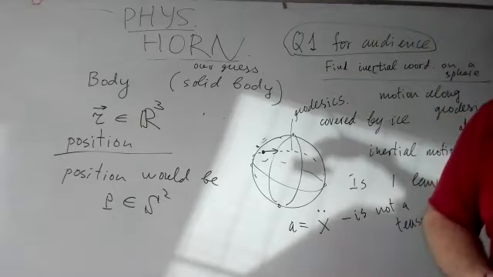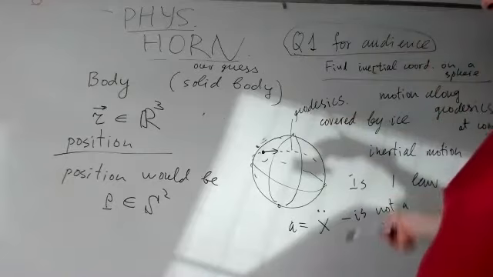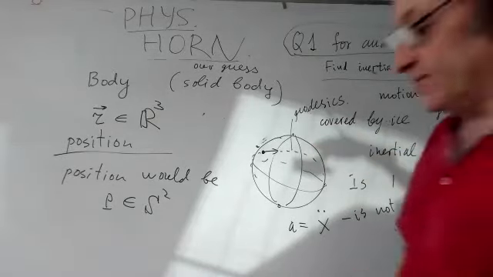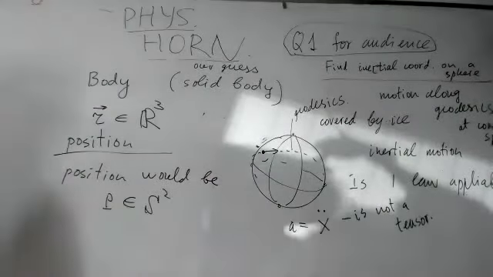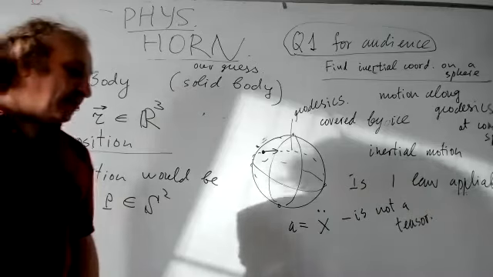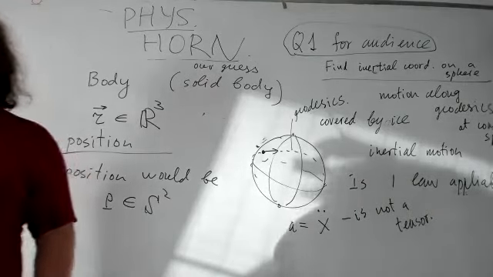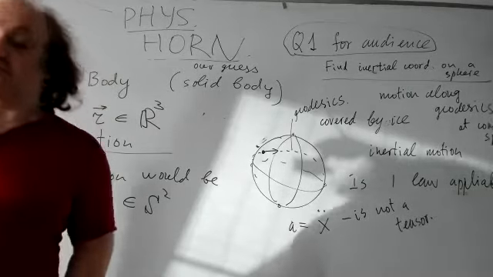Now, let me explain why, instead of giving some axioms or formulas, I am drawing a picture. It is because when I give some axioms, you may ask if there is an object that fulfills these axioms.